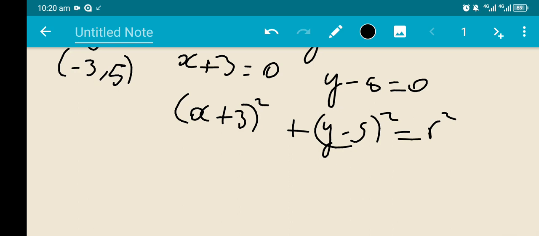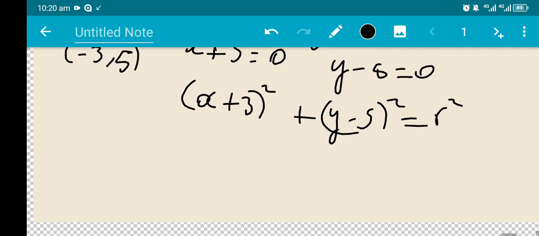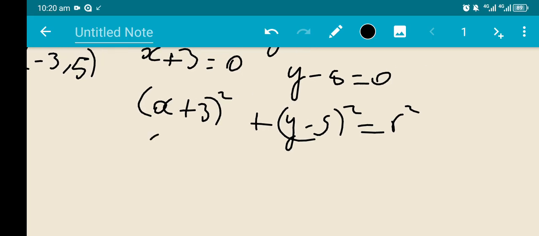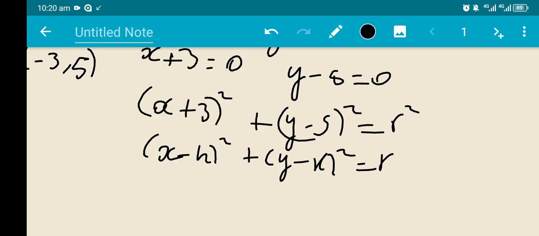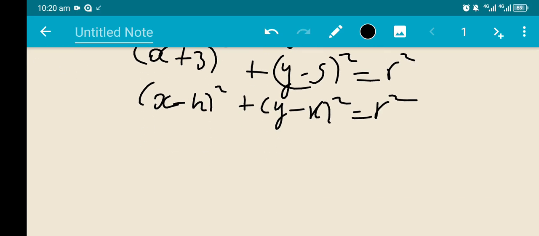Then from here all that you have to do is expand it. Now before I expand, let me use the formula for you to get the idea. We know that the formula is x minus h squared plus y minus k squared should be equal to r squared. Now what we're going to do here is this.